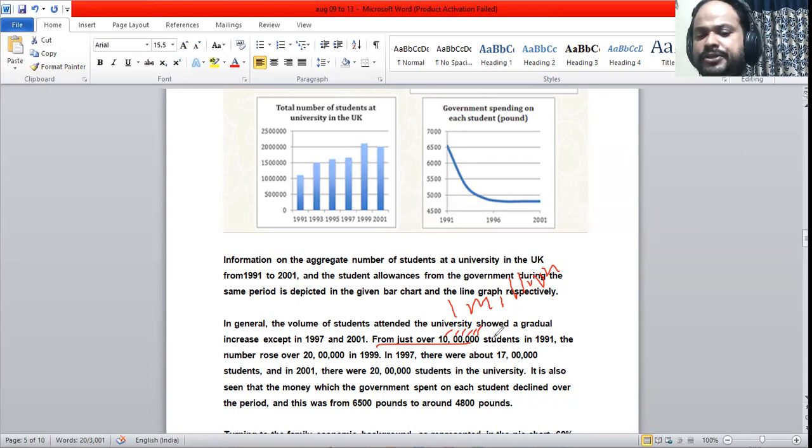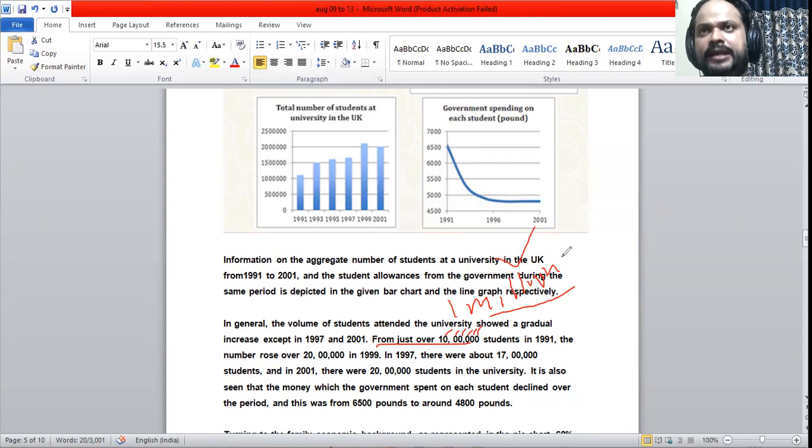I have just mentioned from just over, because if I use the figures, it won't be counted in the word. So if I write this particular thing, million, it will be counted as one word. So I have avoided writing million.